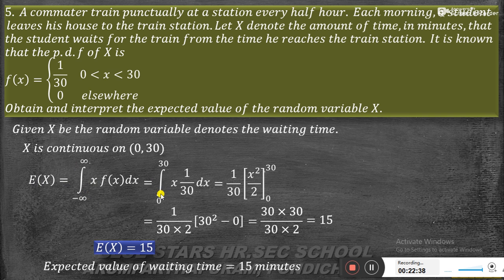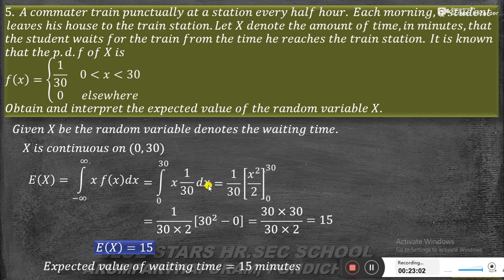I split up the interval: minus infinity to 0 plus 0 to 30. Minus infinity to 0 the function is 0, plus 0 to 30 the function is 1 by 30. So x into 1 by 30 dx.